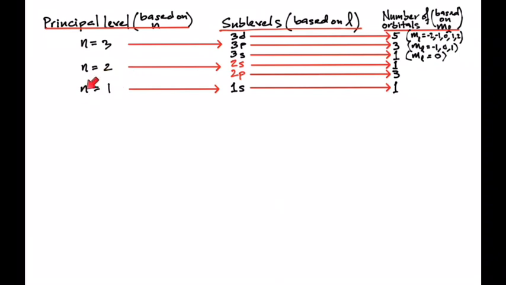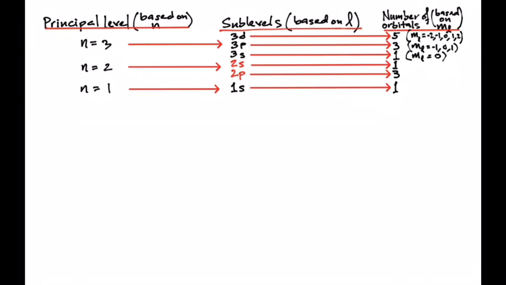So here you notice that when n equals 1, on the first energy level, you only have one sublevel available. When n equals 2, there are 2 sublevels available. When n equals 3, 3 sublevels available. So now you kind of see the trend here. The number of sublevels per energy level is basically equivalent to the principal energy level.